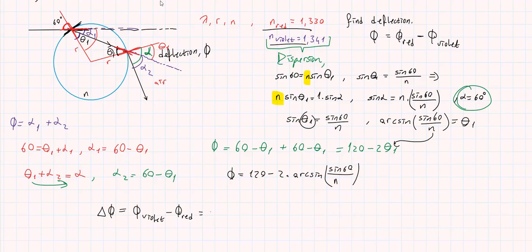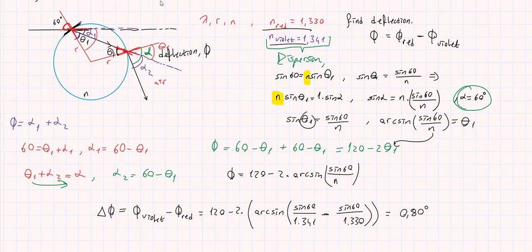Now I will have 120 minus 2 arc sine of sine 60 over n, red and violet, sorry, 1.341 minus sine 60 over 1.330. So if I do all the calculations, this is actually only a 30-second calculation with the calculator. I will find 0.80 degrees.